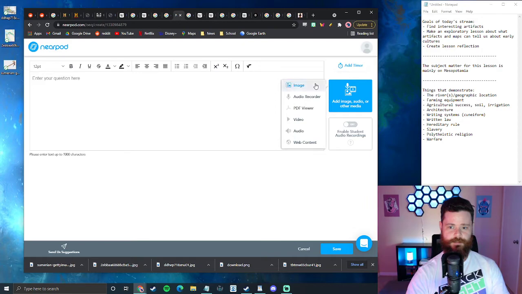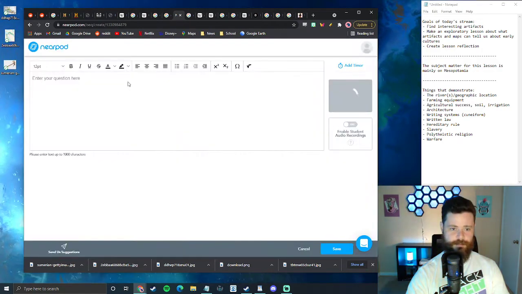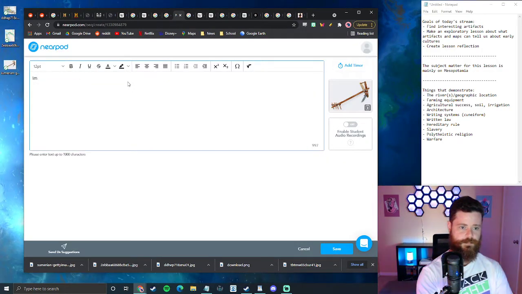So I'll have to label that it's an imitation recreation of a plow used in Mesopotamia.